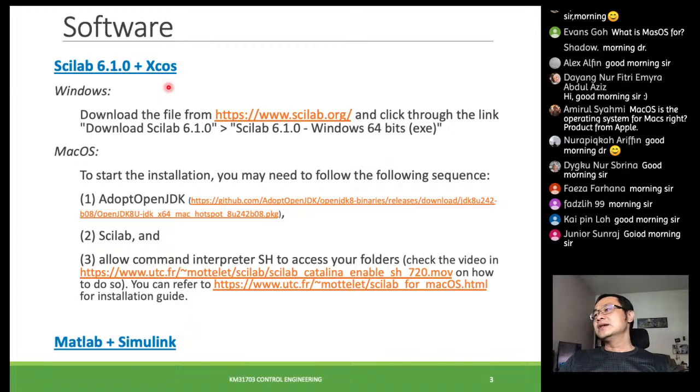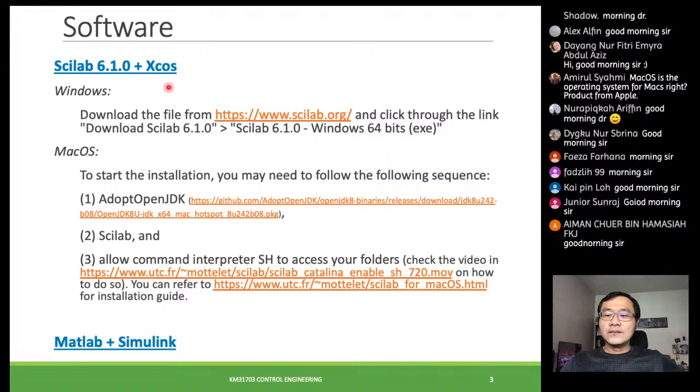So you just download the Scilab from the website given, and then you just click through the link, download Scilab, and then it depends on your Windows version and your CPU. I guess nowadays, if you bought your computer in the last 2-3 years, your CPU, your Intel or AMD, should be able to support 64-bit, right?